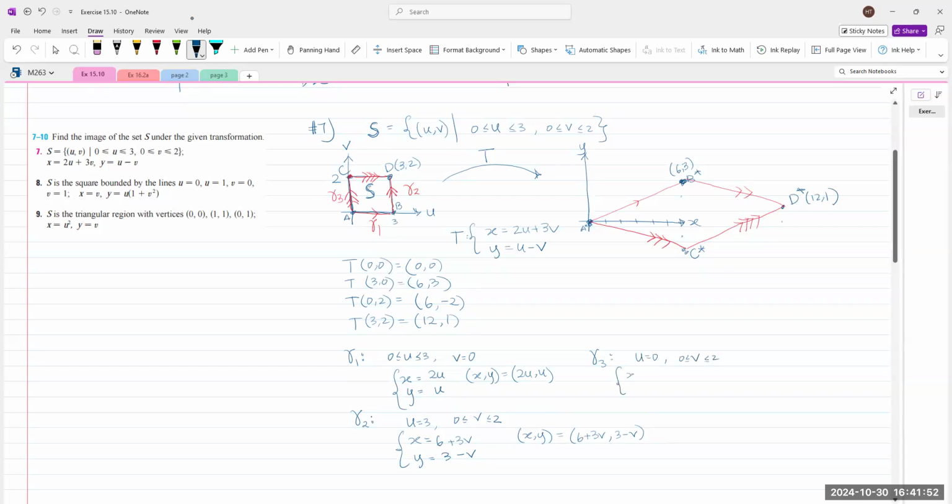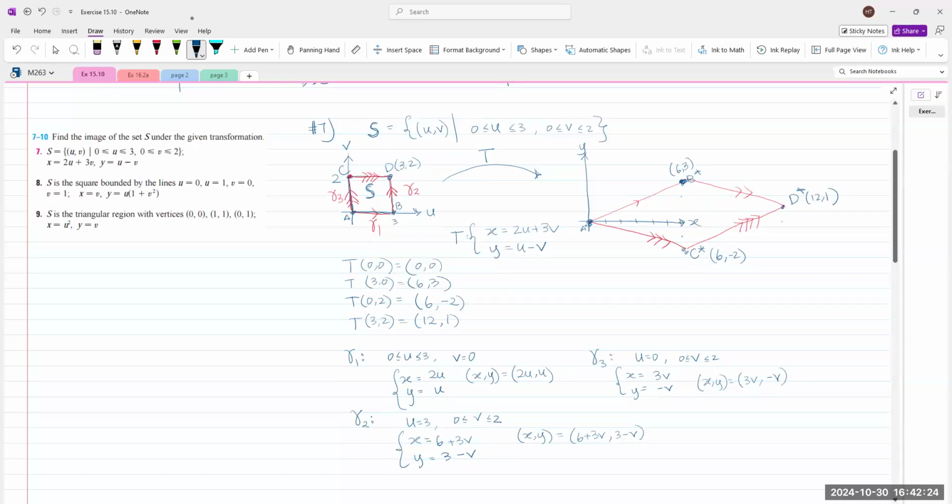The x, y becomes 3v, negative v, such that the coordinate now becomes (3v, negative v). When v equals 0, that's (0, 0). When v equals 2, we get (6, negative 2).